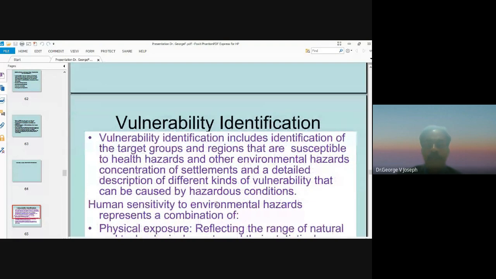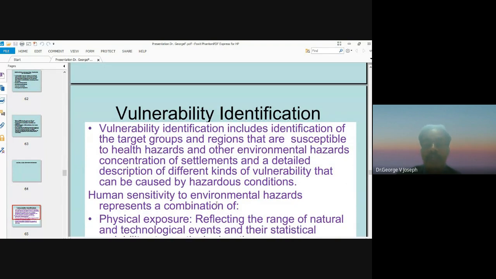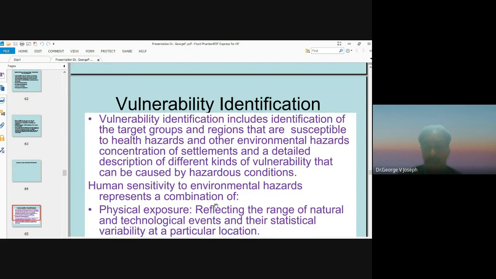So vulnerability identification includes identification of target groups and regions that are susceptible to health hazards, which you already mentioned, and other environmental hazards, concentration of settlements, and detailed description of different kinds of vulnerabilities that can be caused by hazardous conditions.